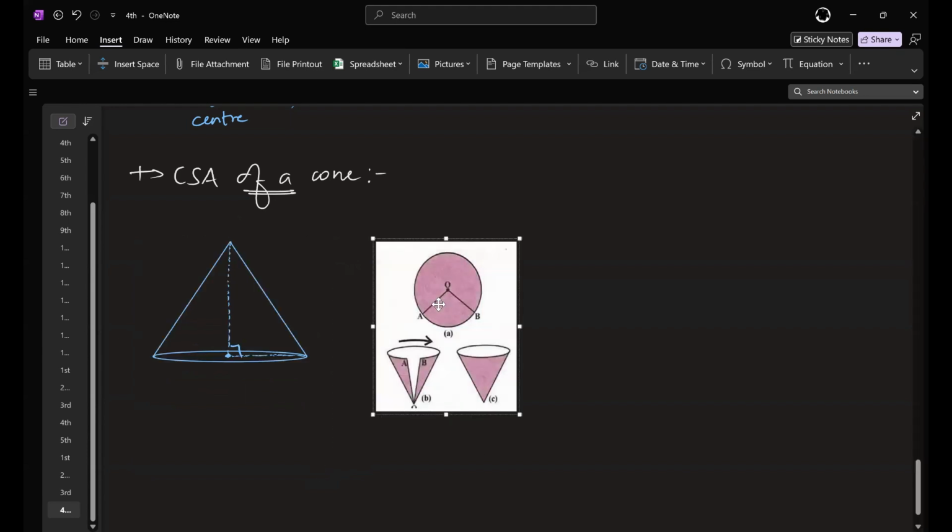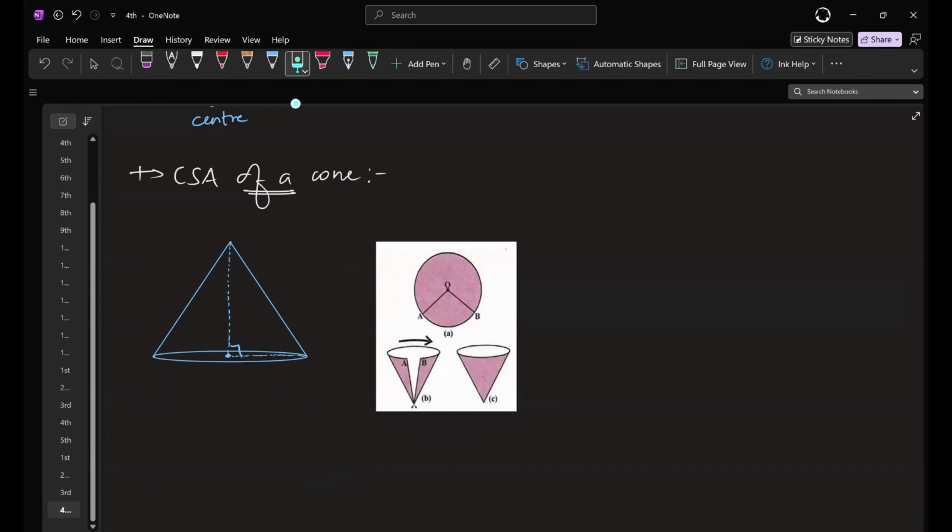This figure, look at it something like this. So there was a circular figure, okay, from which we have taken out a sector, something like this. And what we have done with this sector, we have simply joined these two radii with each other so that a cone has been formed.